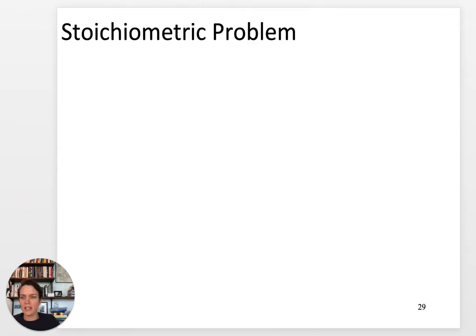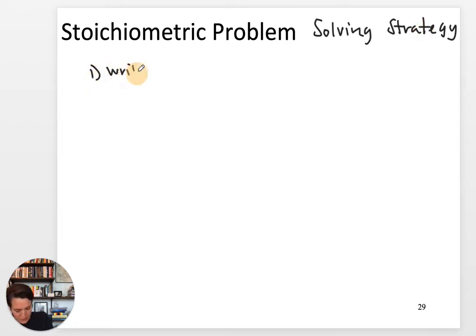So the way that I like to think of this is, in your stoichiometric problem solving strategy, you're going to have this basic flow. First you need to write a balanced chemical reaction.